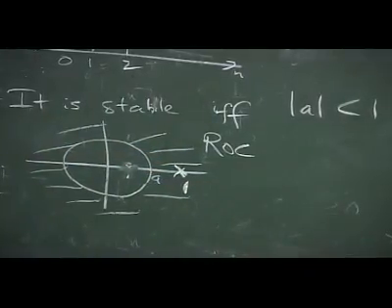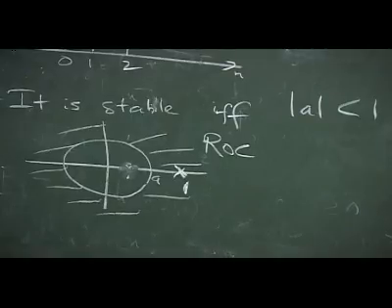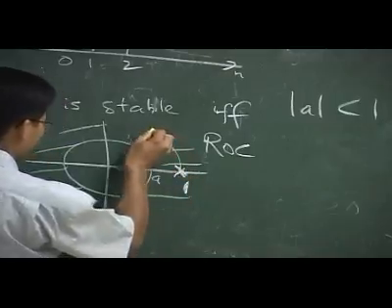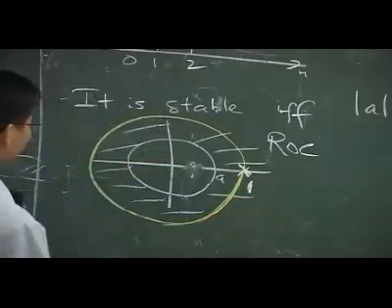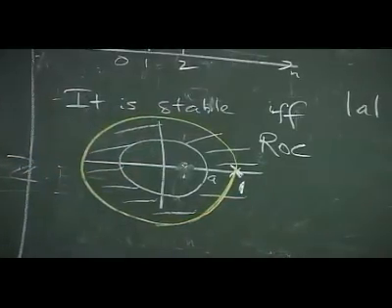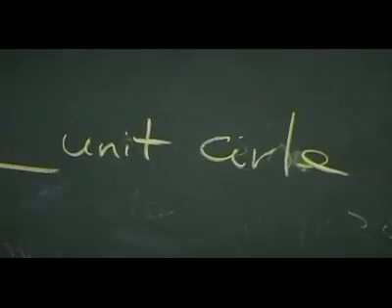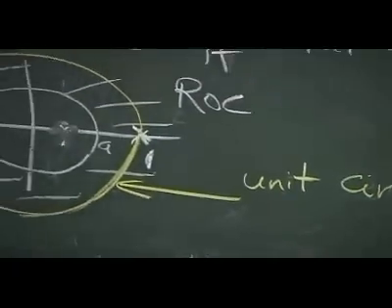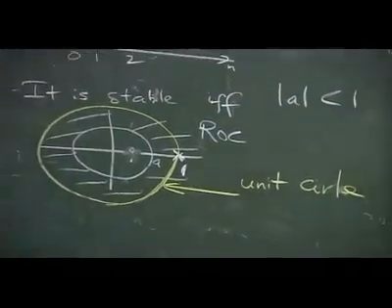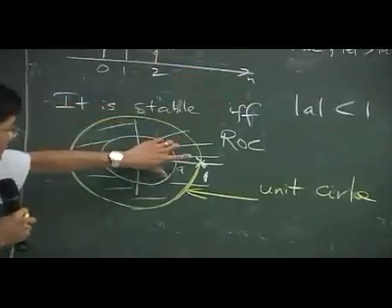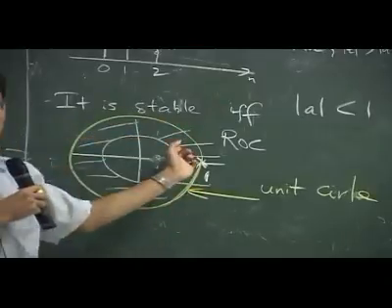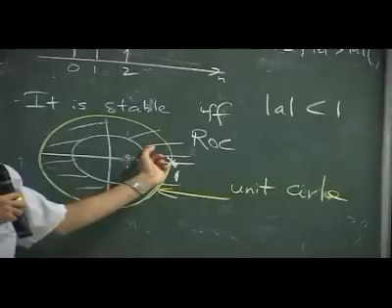And by the way, do we all see that if I look at this circle, the unit circle, in this case, if the system is stable, and only if, the unit circle is contained in the region of convergence, right?